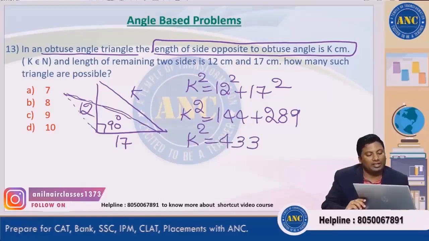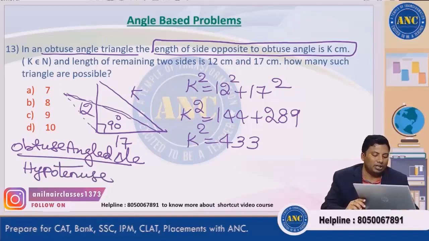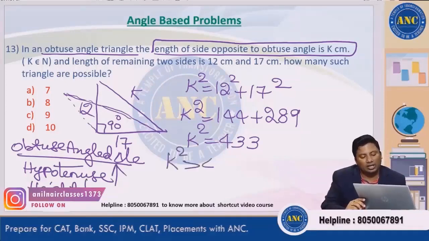But because in an obtuse angled triangle, with respect to the right angled triangle as a point of reference, hypotenuse will increase and height will decrease. So k square is greater than 433.